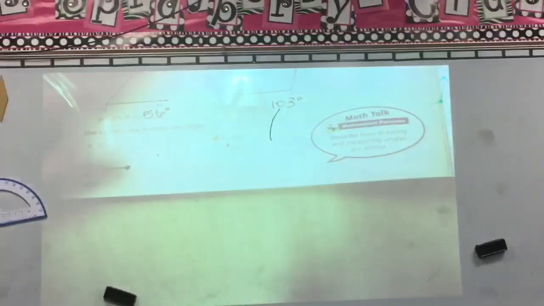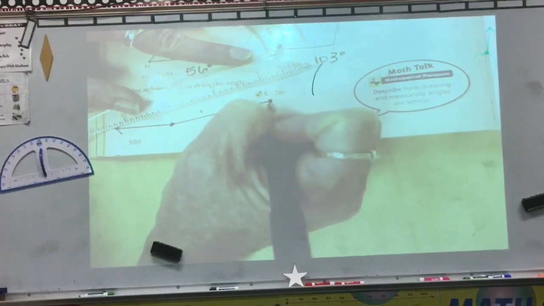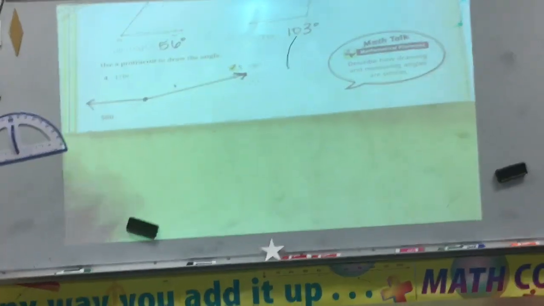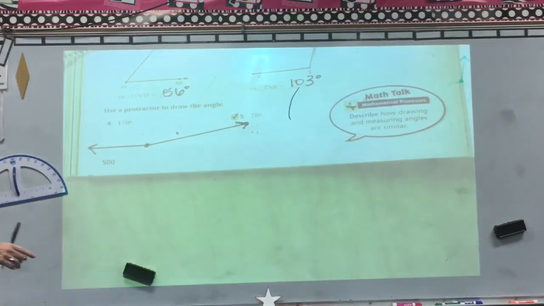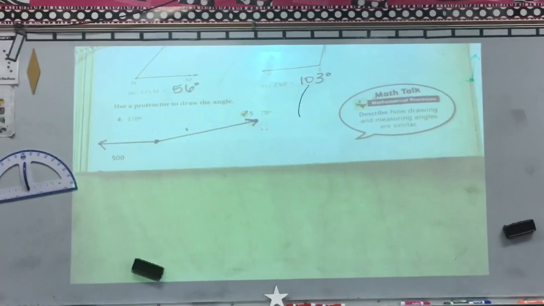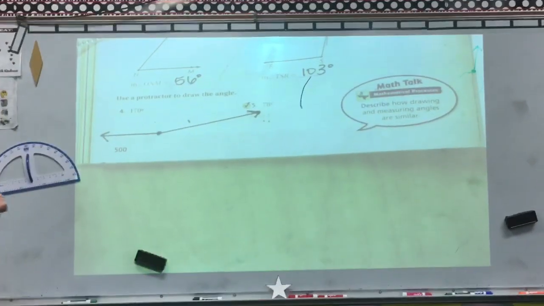Then I'm going to put a dot where my 170 degrees should be on the protractor, and pull the other ray to connect it. Now, you can ask yourself, does that look close to 170? Yes, it's close. It's a very tiny space right there.